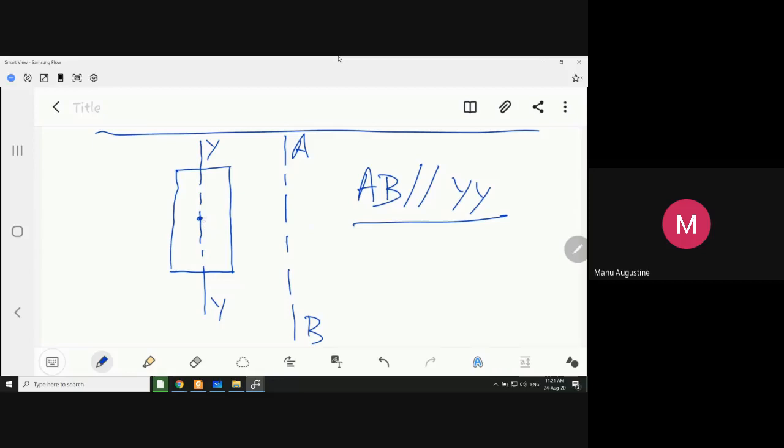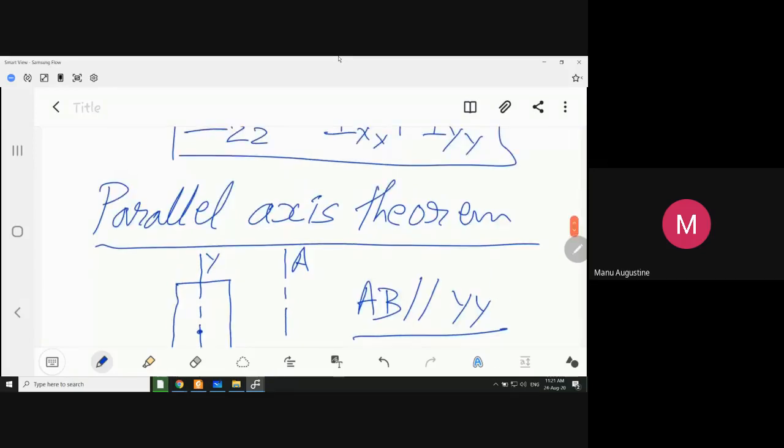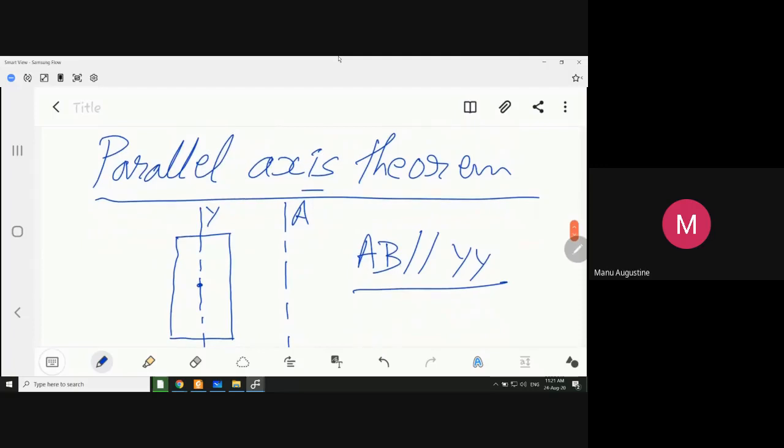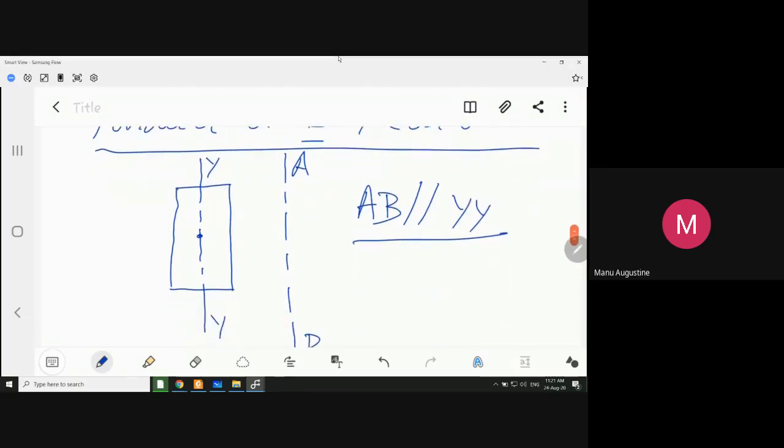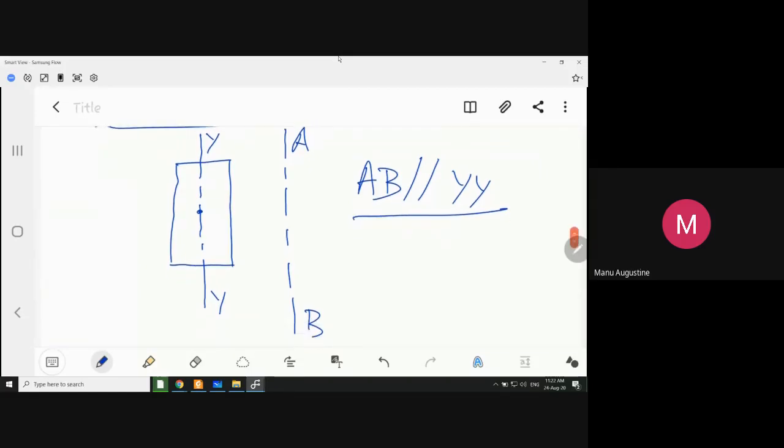But please remember, for parallel axis theorem, the necessary condition is that the first axis should be the centroidal axis. ये कंपलसरी कंडीशन है. सेंट्रॉइड से पास होने वाला एक एक्सिस तो होना ही चाहिए और एक दूसरा एक्सिस और दे दिया जो कि सेंट्रॉइडल एक्सिस के पैरेलल है.